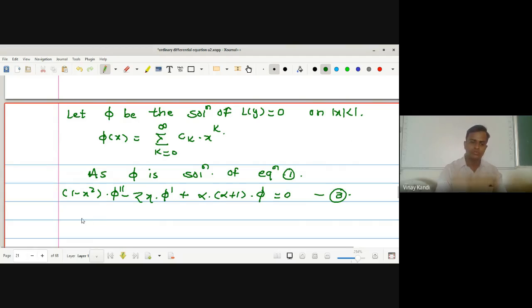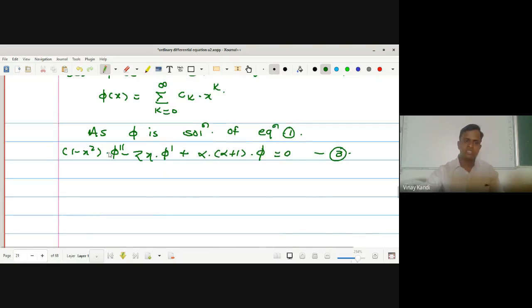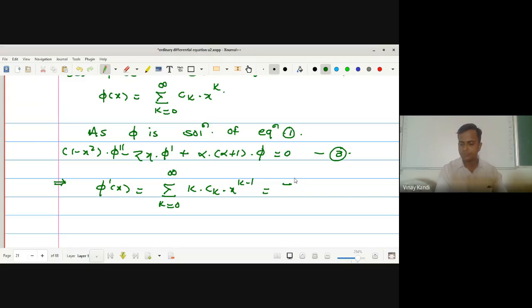Okay, now this is the phi of x. Then what is the value of phi dash of x? Phi dash of x is equal to summation k running from 0 to infinity k into ck into x raised to k minus 1. If we put k is equal to 0, then the first term is 0. Hence this summation is running from 1 to infinity.